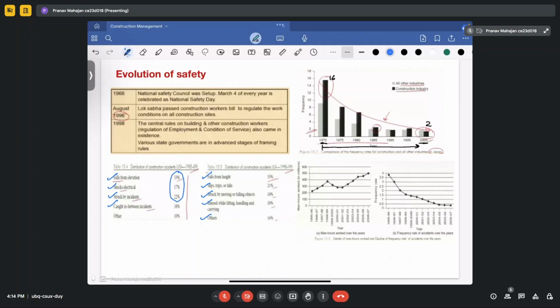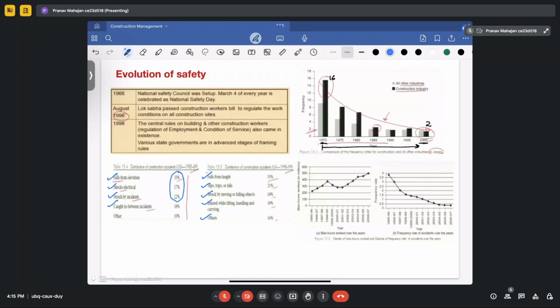Another thing is how the number of man hours working on the site relates to incidents. As we see, the number of man hours working on the site is increasing as the years increase.